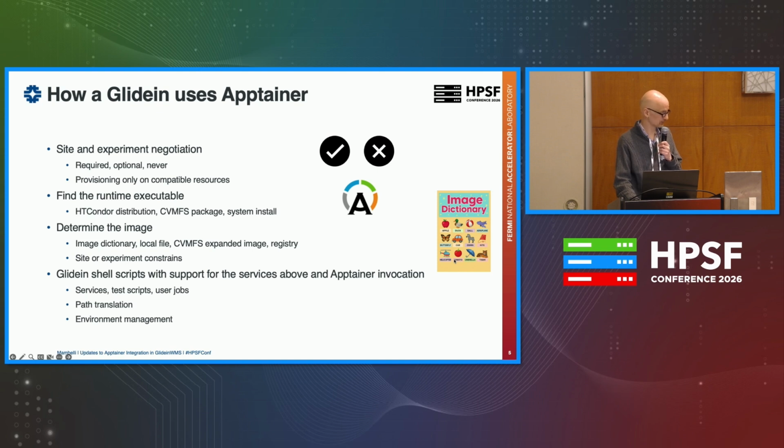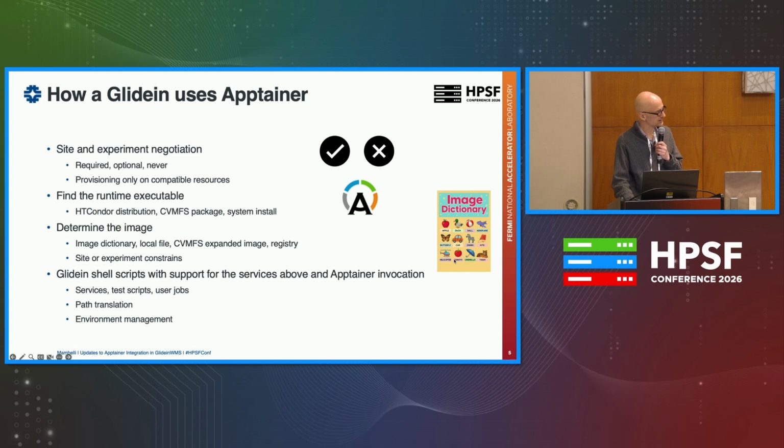So we find whichever is the first and most reliable version that we can download. And we start using the runtime and then determine the image depending on the desire of the experimenter or the job. And sometimes these images are also made available either locally or via CVMFS or downloaded.